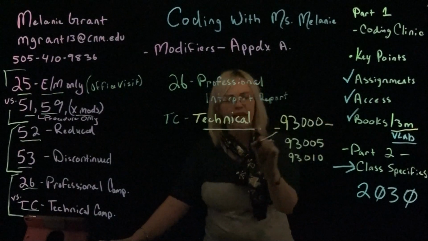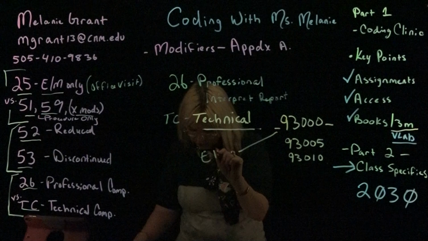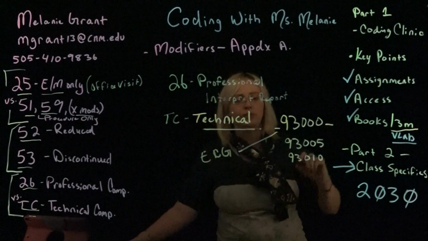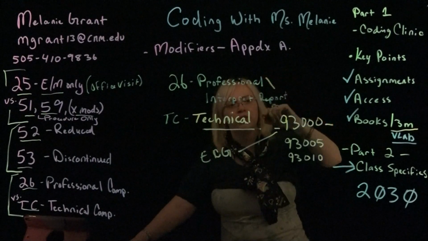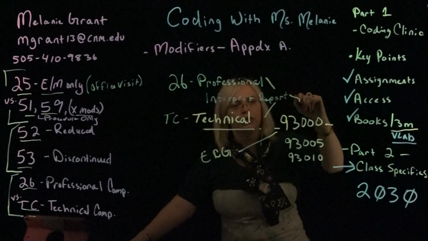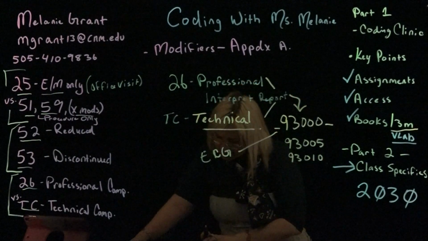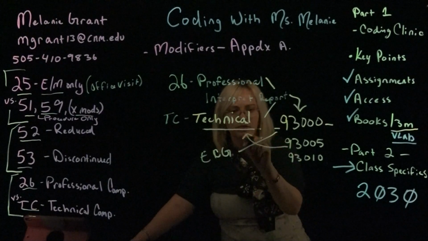The differences between these: 93000 is a full EKG, or ECG, if you will, depending on how you spell cardiovascular. 93000 includes both the professional and the technical components. 93005 is tracing only without interpretation and report. That is a technical service.